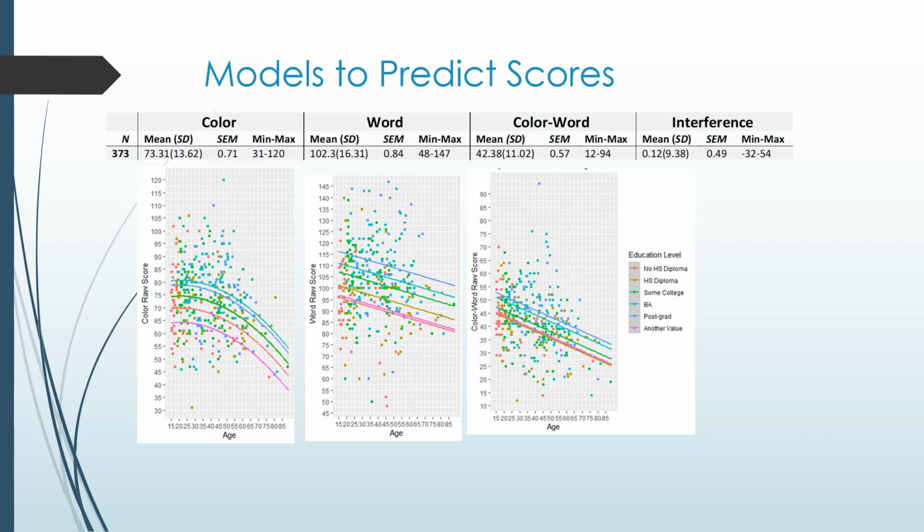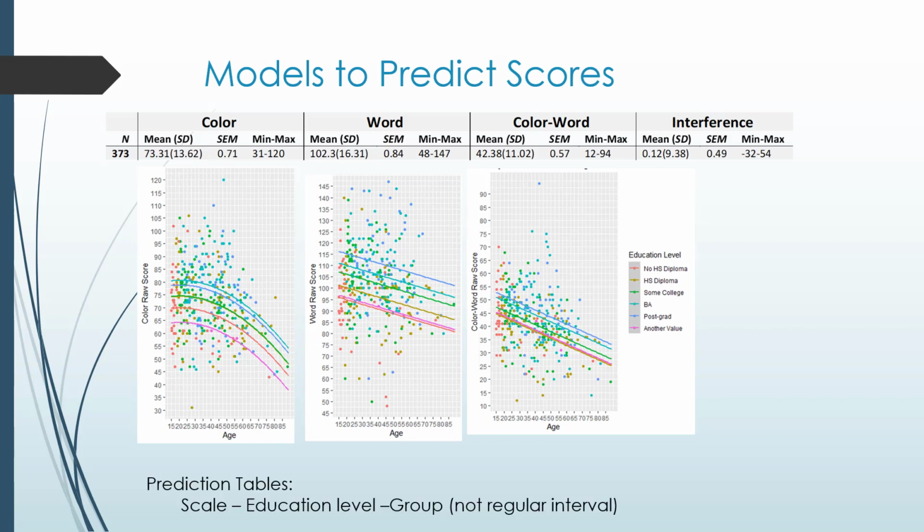And then there were also significantly different scores based on education level. Roughly, as education increased, score level also increased. So those were for color word and color word scores. These are the plots that represent the regression models that were constructed.